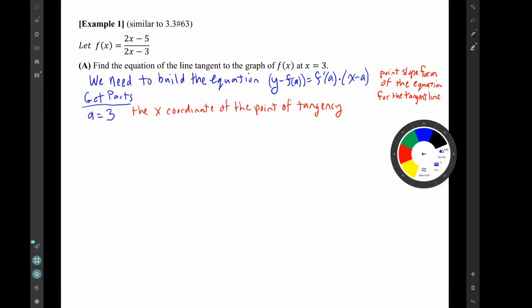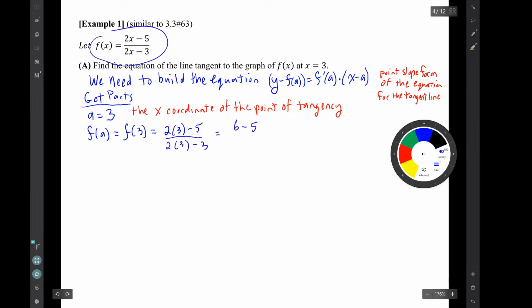The next part we'll build is f of a. Of course, since we know that a is the number 3, this means that we're going to find f of 3. And that means that we substitute x equals 3 into the formula for f of x. And remember the meaning of the symbol f of a.